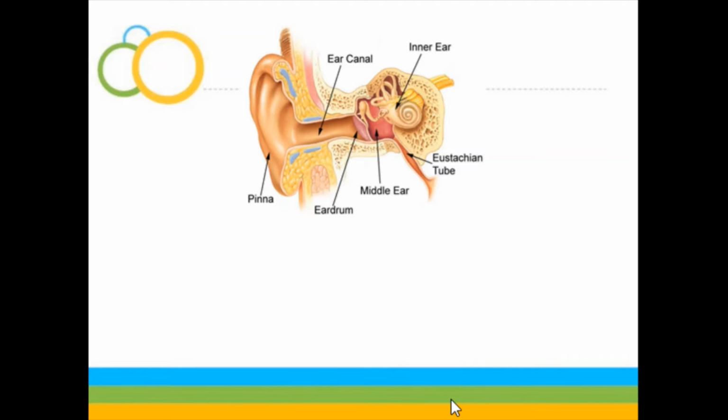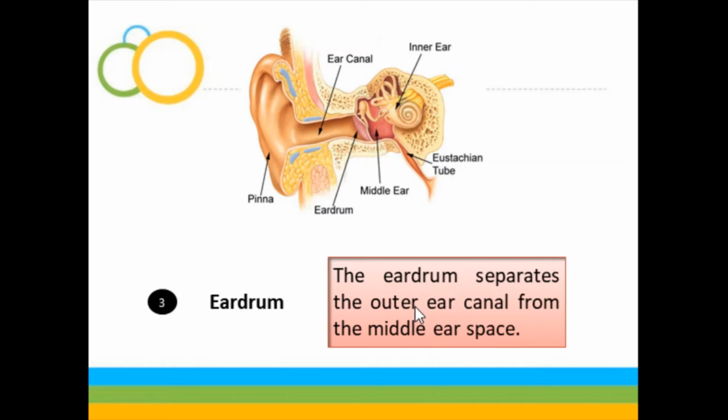After the pinna, we also have part number 3. It's the eardrum. Again, repeat after me. Eardrum. The eardrum is the one that separates, meaning not together, the outer ear from the middle ear space.